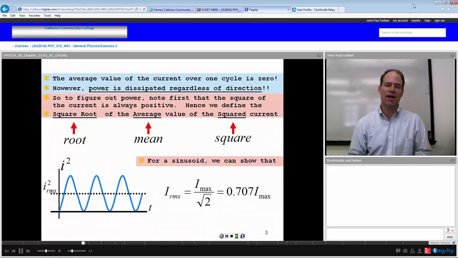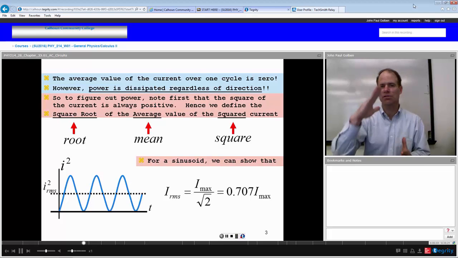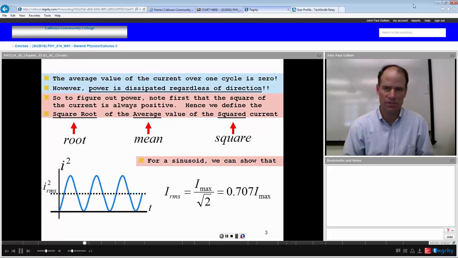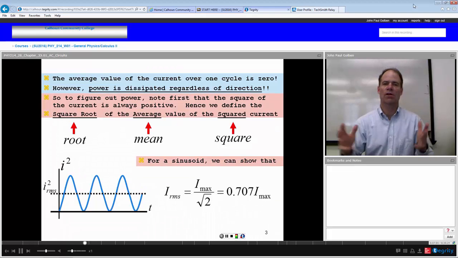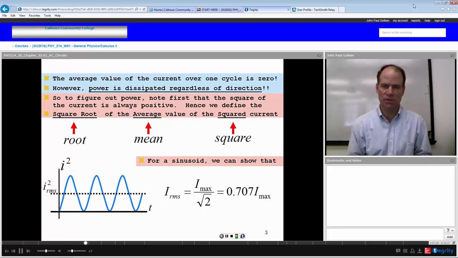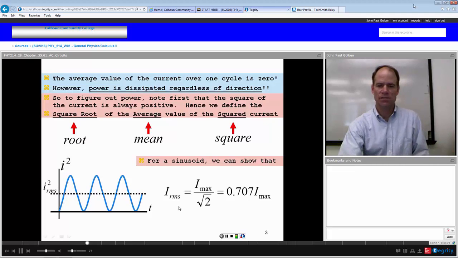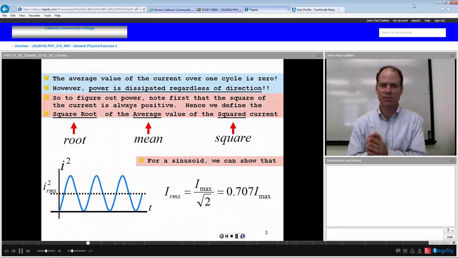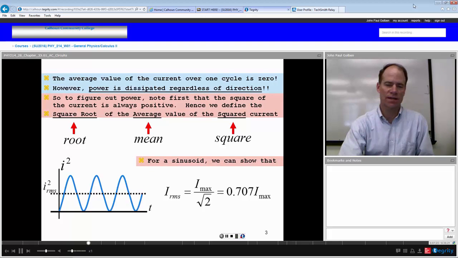If it were a sawtooth function, it would be the maximum value divided by the square root of 3. Or if it were other periodic functions, it would be different. But for the purposes of this course, we're only going to deal with sinusoidal functions because that's the way we generate our power anyway. So, for us, the root mean square value would be the maximum value divided by the square root of 2.